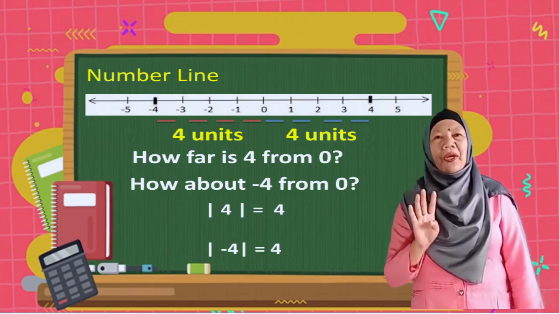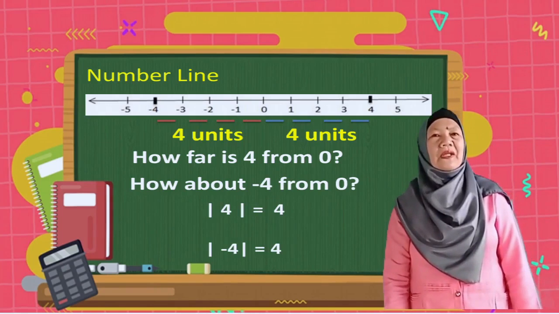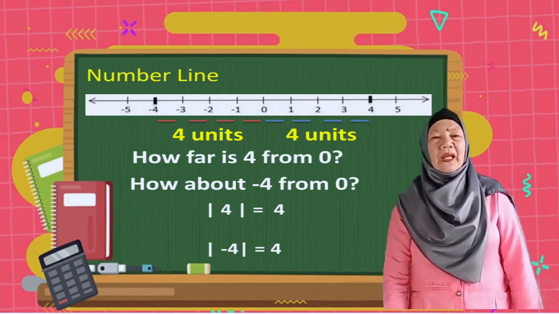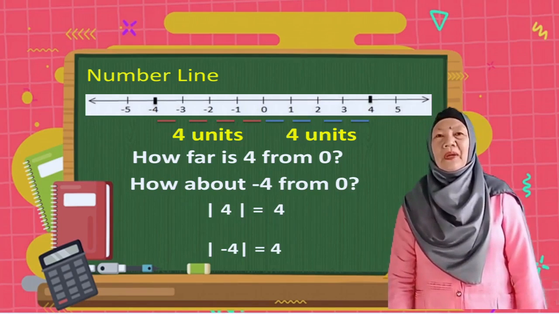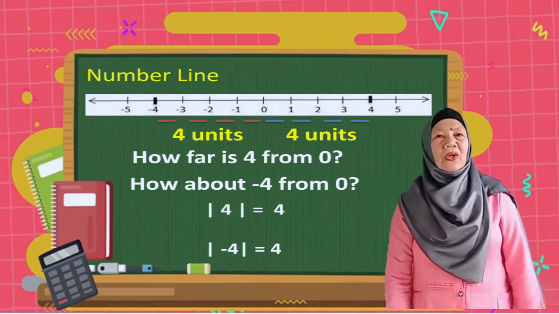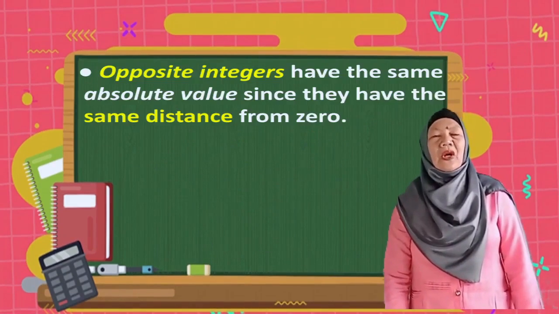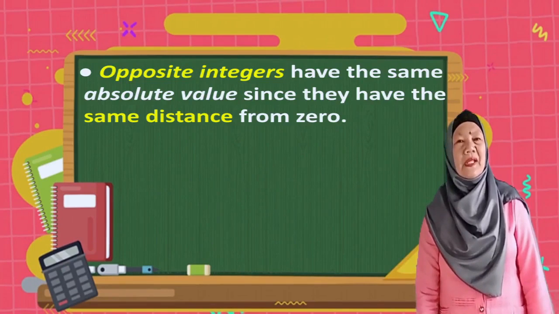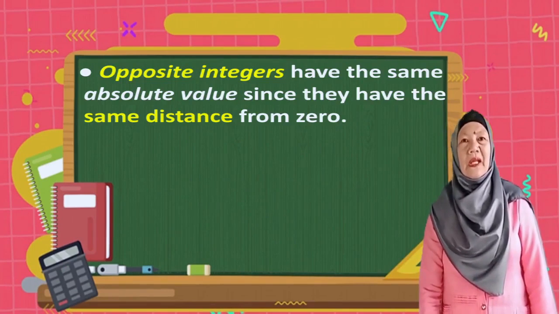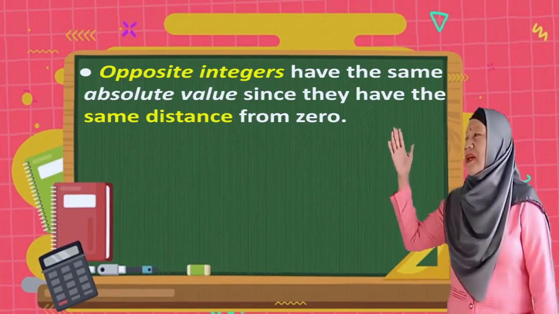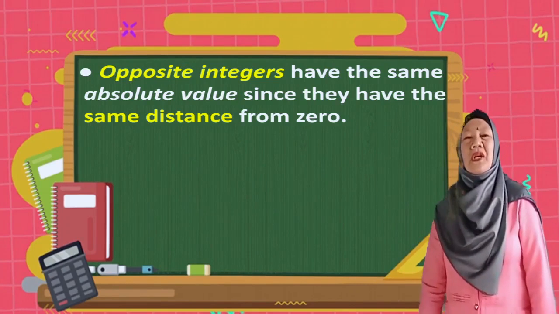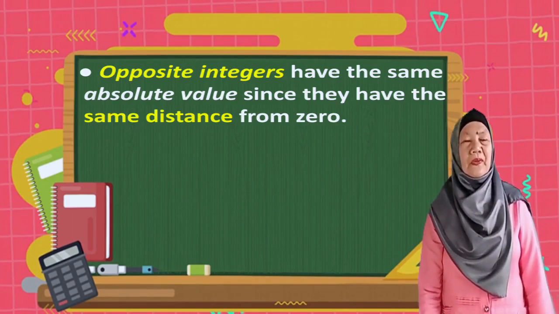And that 4 units is the absolute value of negative 4 and the absolute value of positive 4. Always keep in mind that opposite integers have the same absolute value, since they have the same distance from 0.